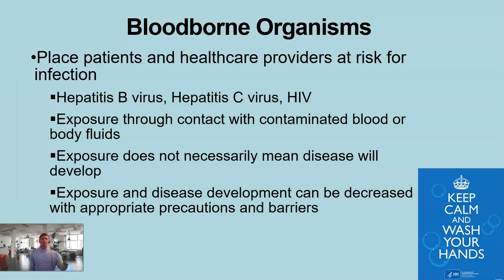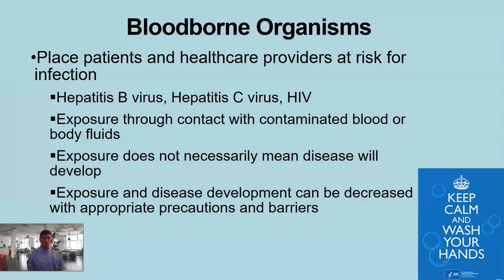Exposure does not necessarily mean disease development, and that's a common misnomer. Again, exposure to any of the above does not necessarily mean disease will develop. However, exposure and disease can develop and can be decreased with the appropriate precautions and barriers, so think proactively.